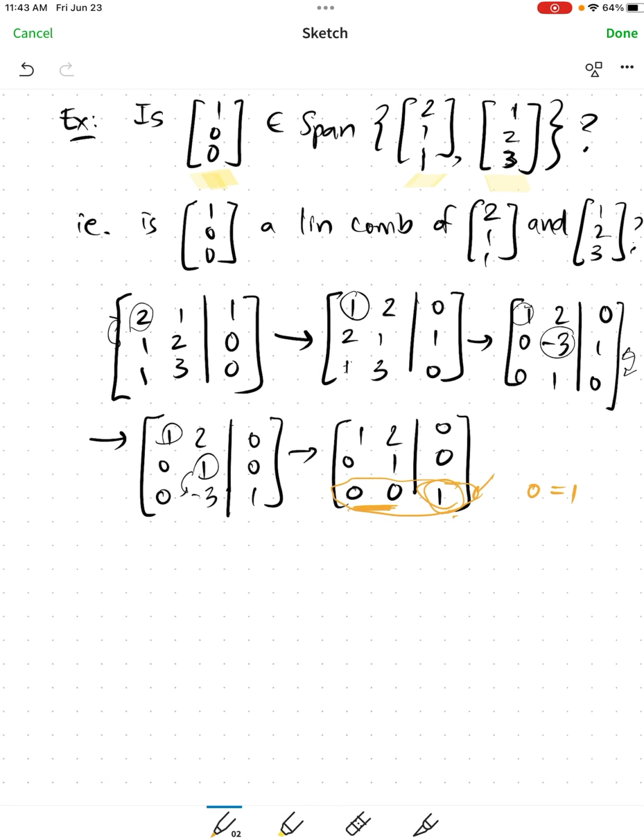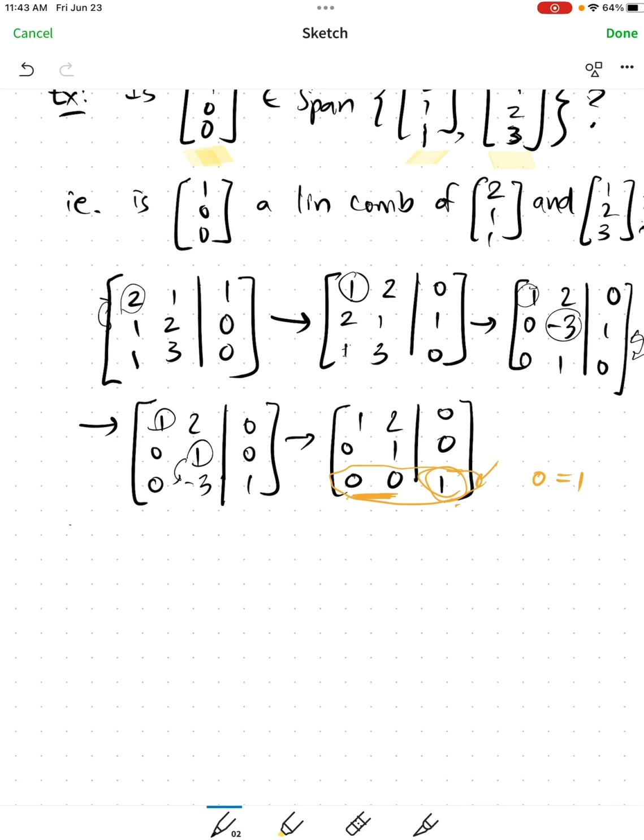Right. So let's just write out, since in the previous video I didn't actually write out all the words. Since this system has no solutions, in some books they call it inconsistent.